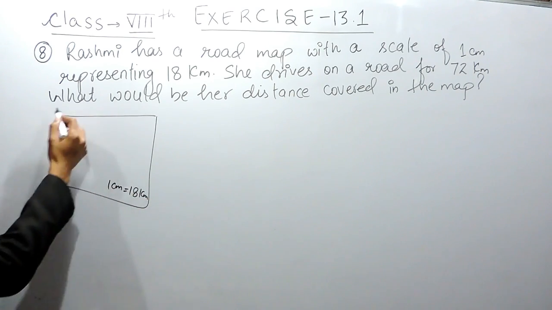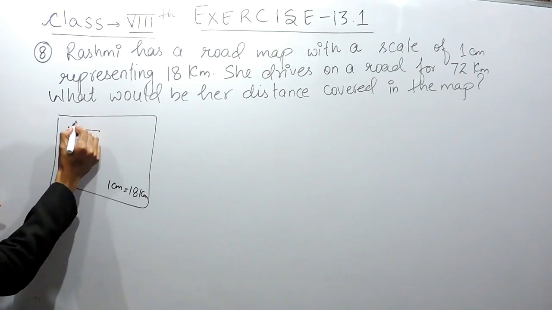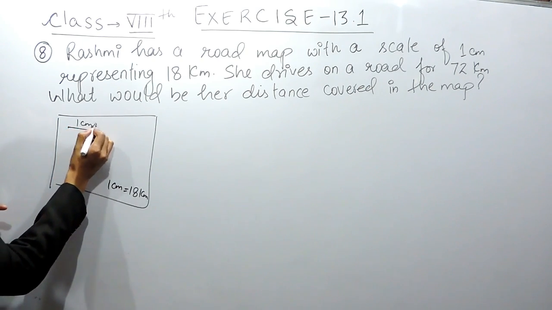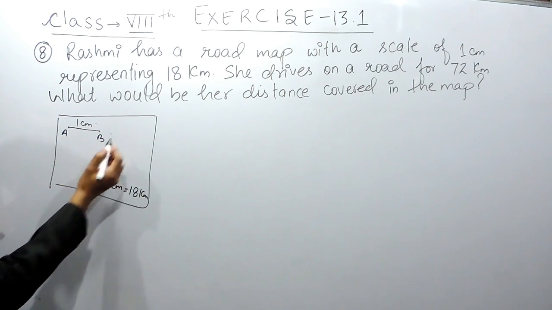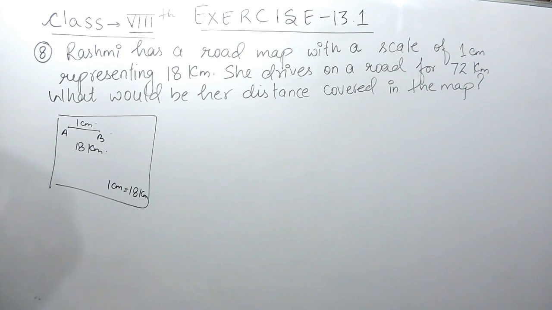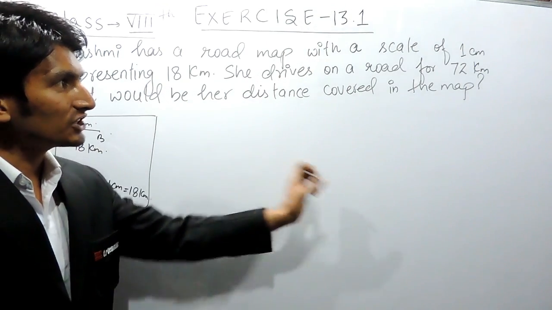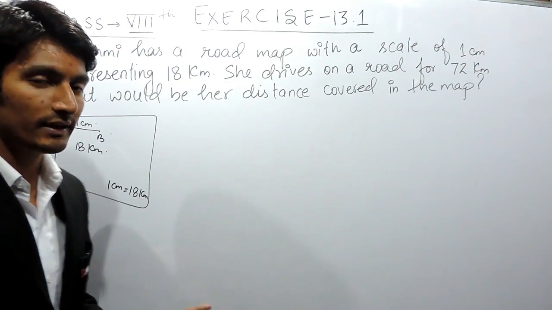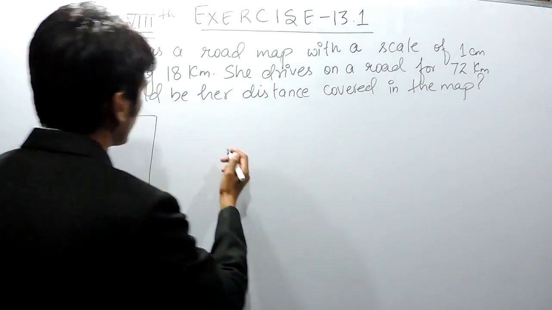Means on this map, if I cover from here to here and if this is 1 centimeter, so in actual from place A to B, I have traveled 18 kilometers. Now you have to find that if in actual Rashmi has covered 72 kilometers, so on the map what will be her distance?